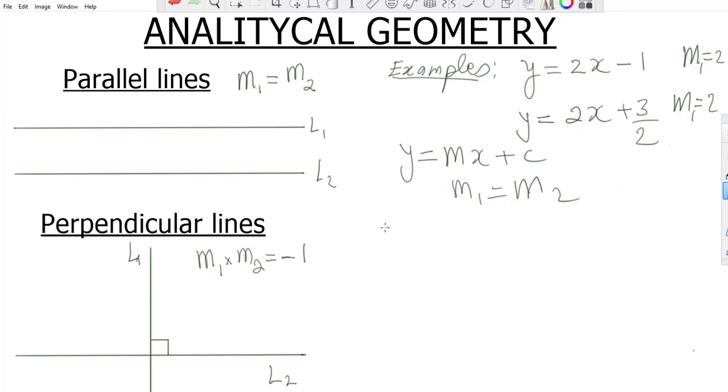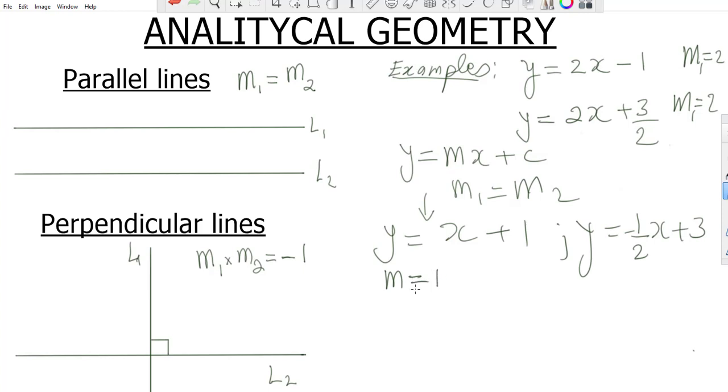Now the lines are perpendicular. We have, for example, this straight line. We have another straight line like this. So you have to know, when you have a straight line and there is nothing written here, this means that the gradient is equal to 1.